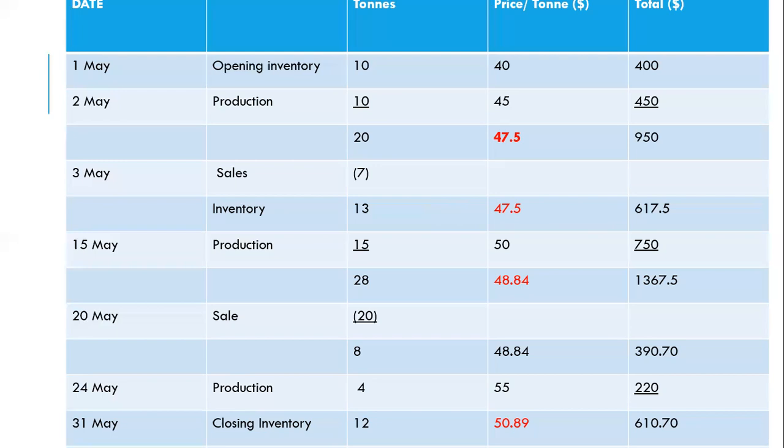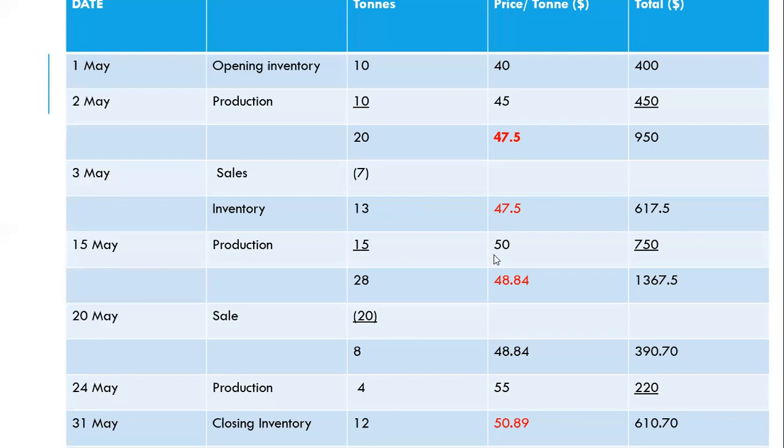Every time there is a new production item added to the warehouse, you have to recalculate the weighted average cost again. So the inventory is now 13 at 47.5. 47.5 times 13, so the total inventory valuation as at 3rd May is $617.5.